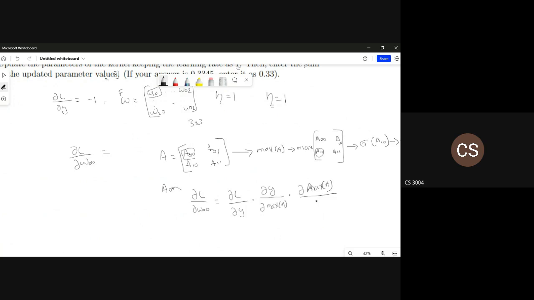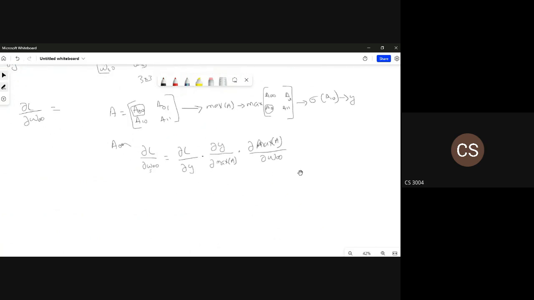You are doing this for W00, right? So dou max of A divided by dou A00. Now we are computing everything with respect to this parameter. Eventually you want to say how, when W00 changes, A changes and all these things change.